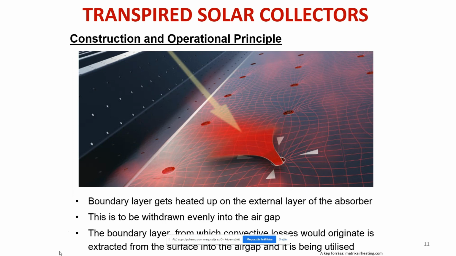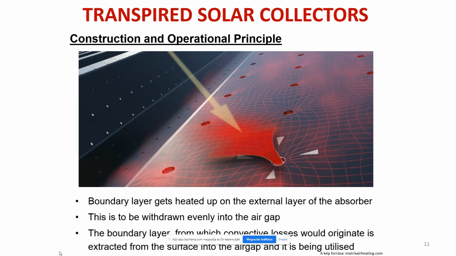You would be wondering how you can operate such a system without a glazing, which would prevent thermal losses. However, once this absorber plate is transpired, you can keep the convective losses minimal by ensuring a certain transpiration rate. This transpiration rate is between 18 and 180 cubic meters an hour over 1 square meter of absorber area.